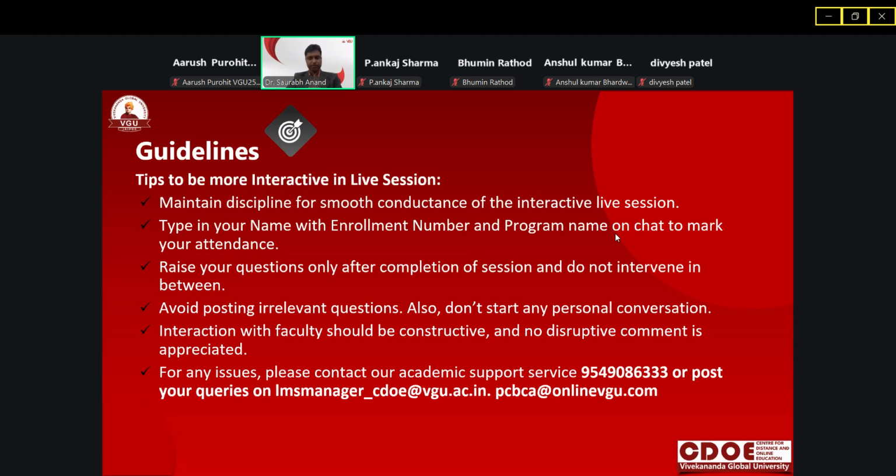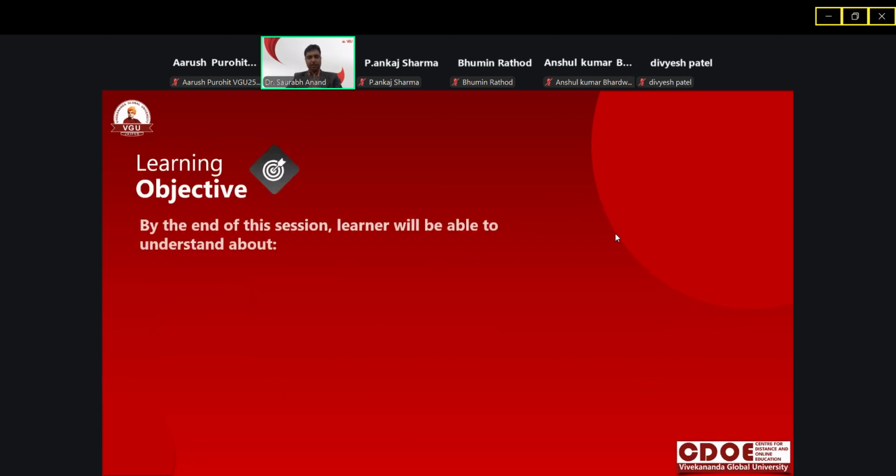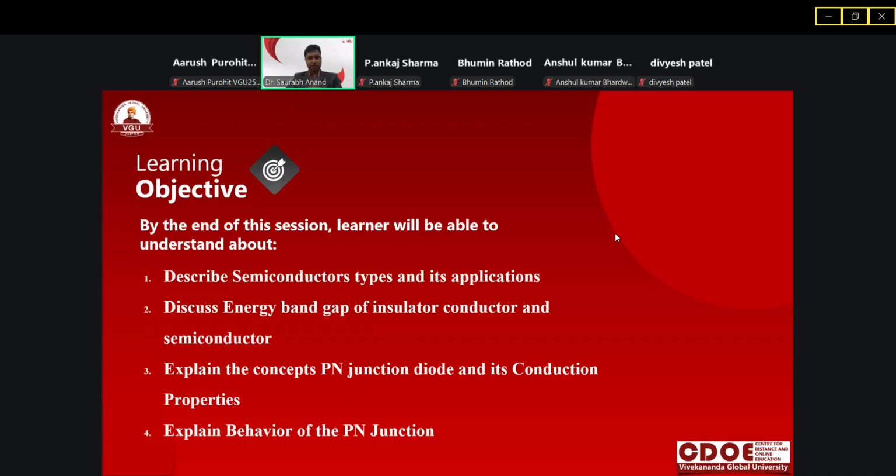So these are the learning objectives of today's session: you will be able to understand what a semiconductor is, its types and application. We will understand what energy gap is, the gap between two bands.